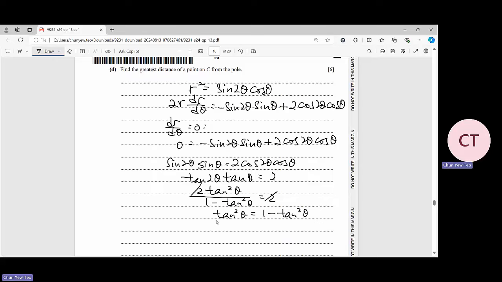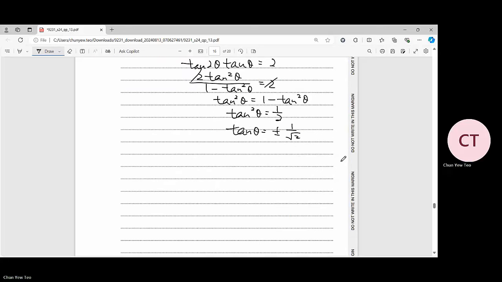So from here you will get that tangent square theta is a half. And your tangent theta will be plus minus 1 over root 2.